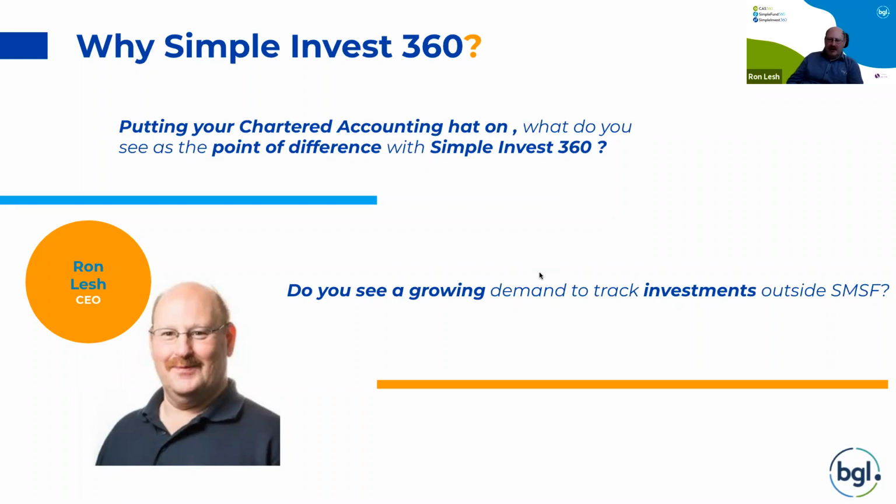We now have our smart docs technology, so we can also read bank statements. We have 150 odd brokers, all the wrap platforms, all the major wrap platforms, and a whole lot of other people who are connected to us. So I think that's the second thing that really makes Simple Invest 360 unique, is the number of data sources.